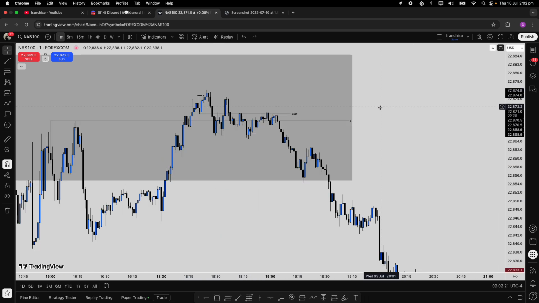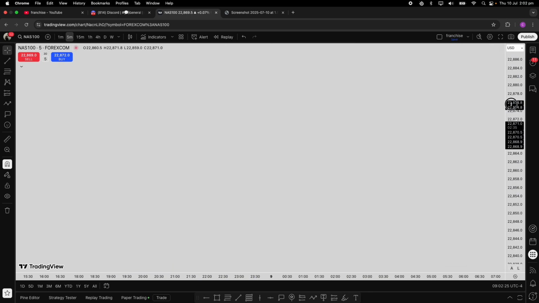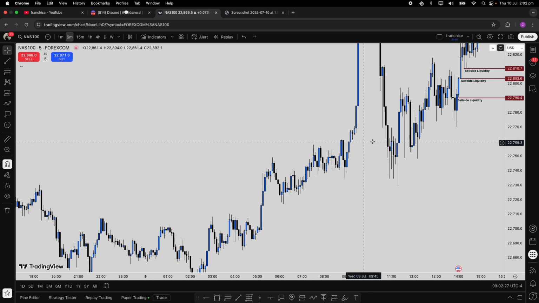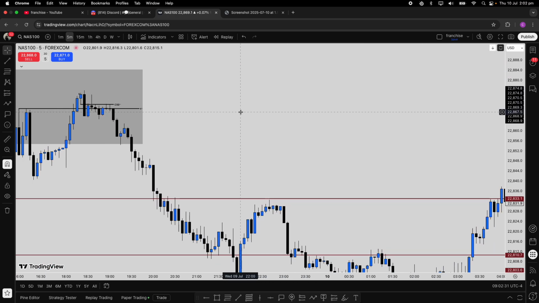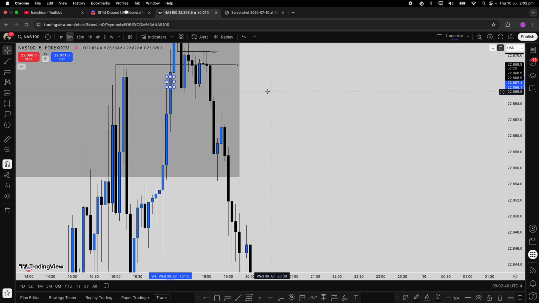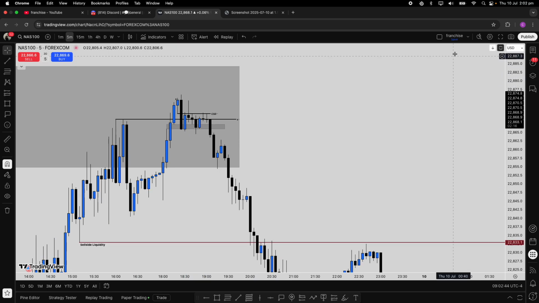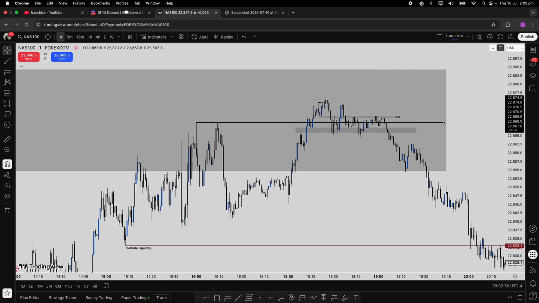No SMT, but all good. And then this area here would be the highest M5 confluence, the easiest one to get, the M5 inverse gap.